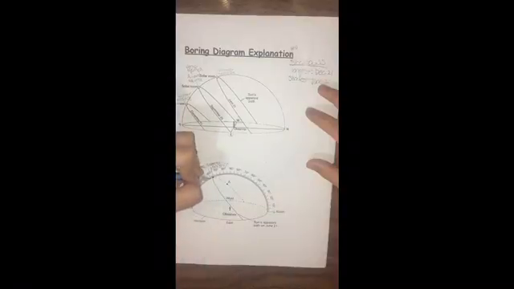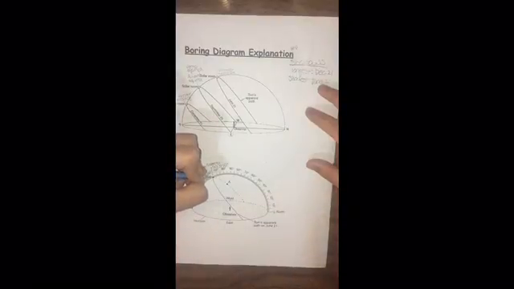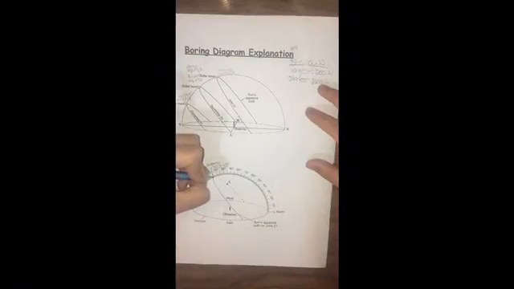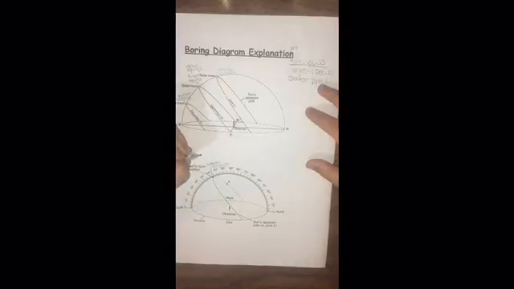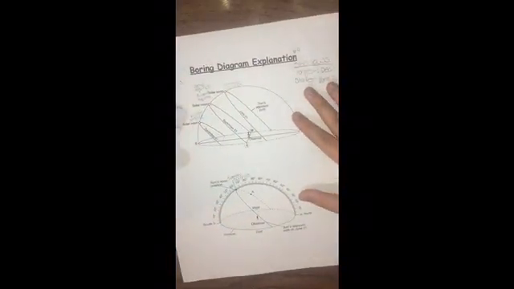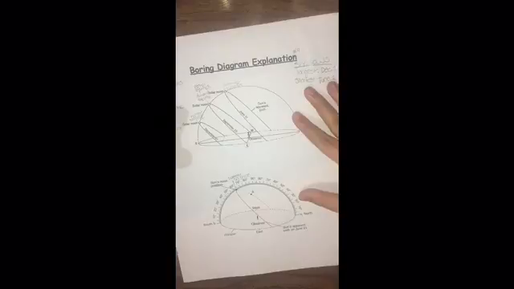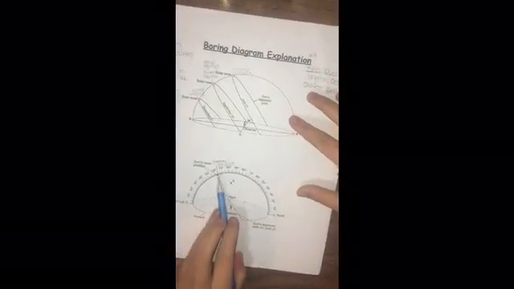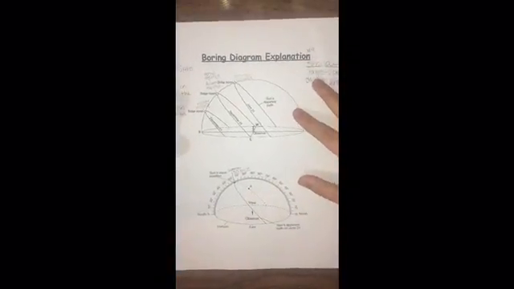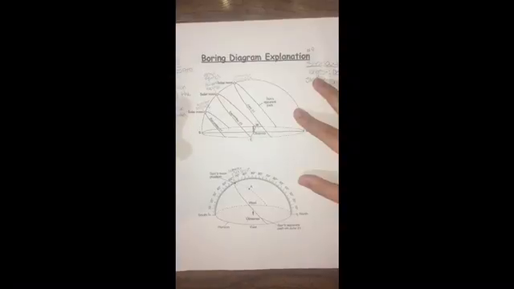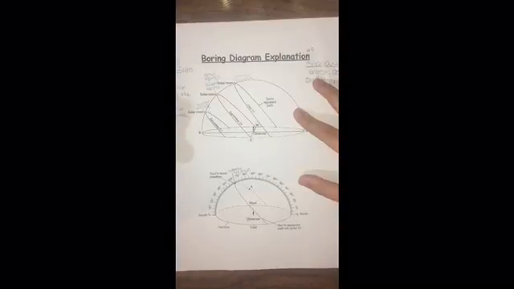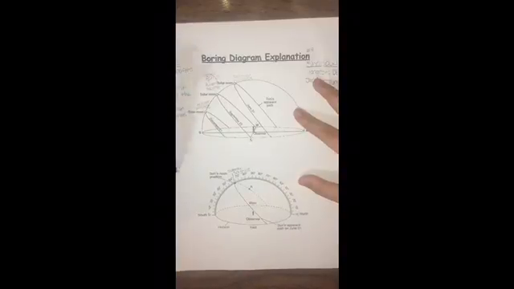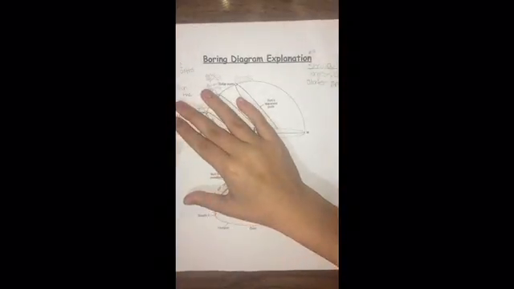Okay, so we can see that this is 60, 61, 62, 63. This is 63 degrees at the summer solstice. So we would subtract 23.5 degrees from 63.